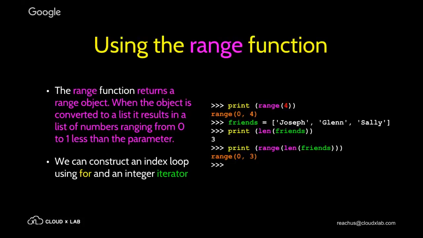So basically, the range function is a really friendly way of generating numbers, and it can be used in many ways. You can create a list object using the range function.